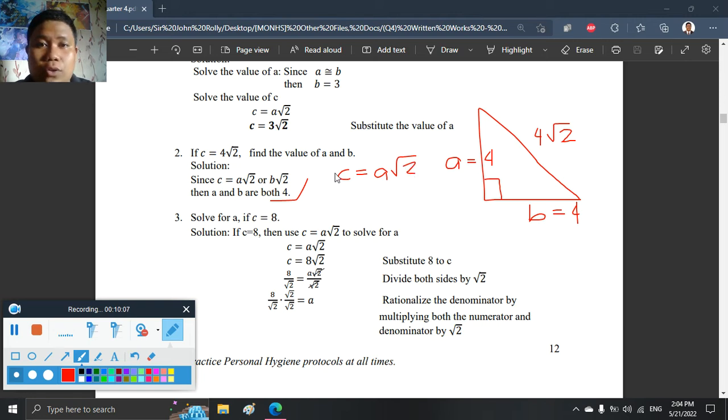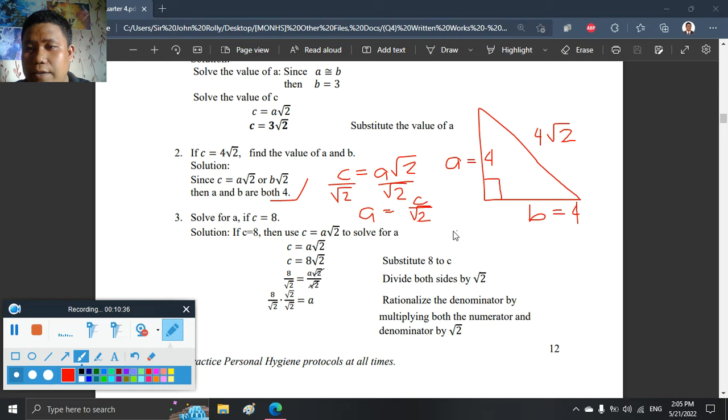So if you're going to find the value of A, all you have to do is divide both sides by the square root of 2. So therefore, A is equals C over square root of 2.